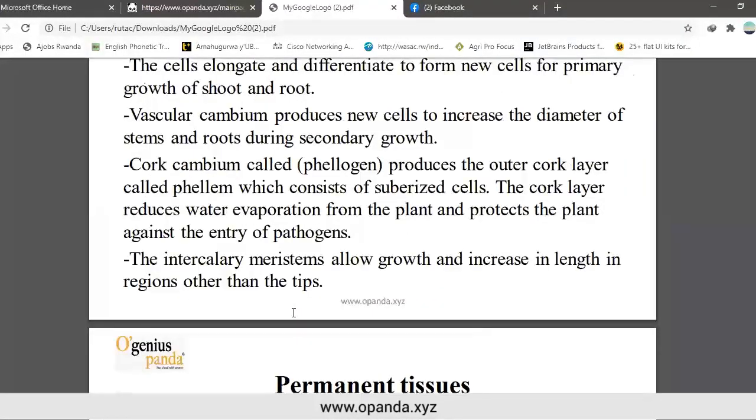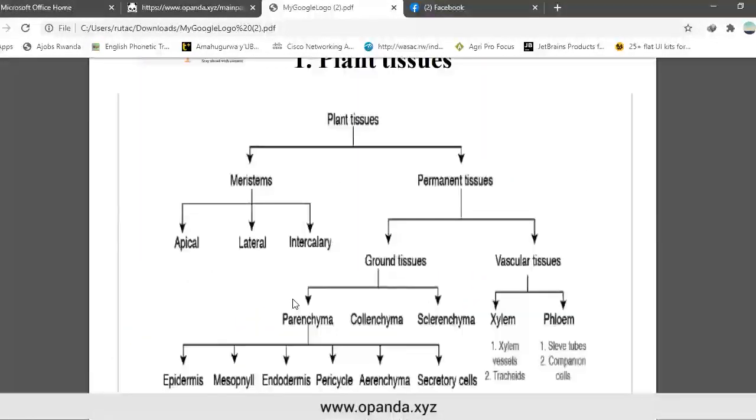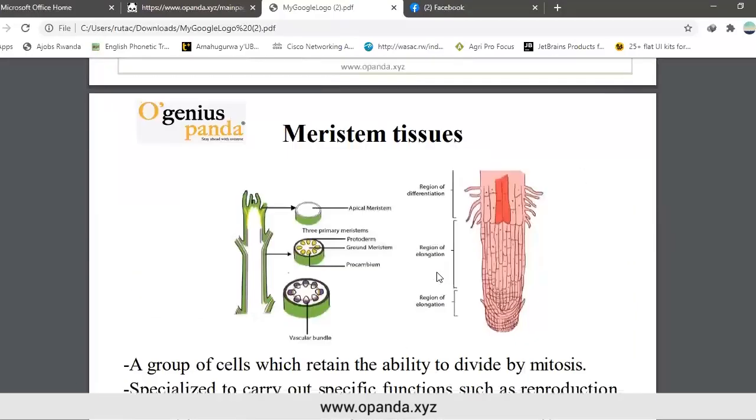Let's go back above to see on the diagram where you have meristems and the permanent tissues. You see that we are now finished with apical, lateral, and intercalary meristems. We continue now with permanent tissues, in which you have ground tissues and vascular tissues.